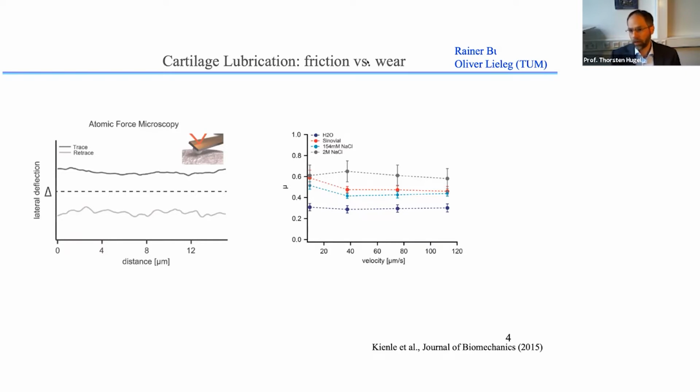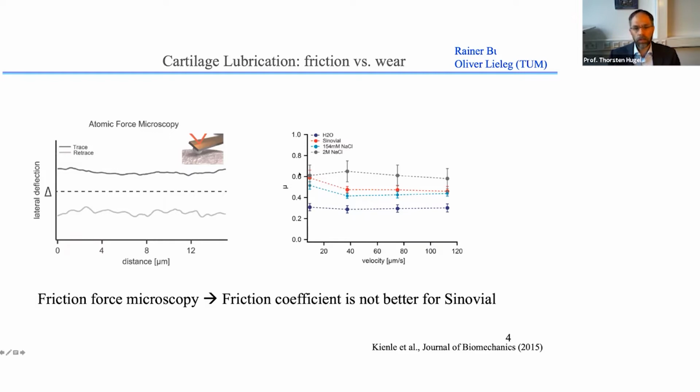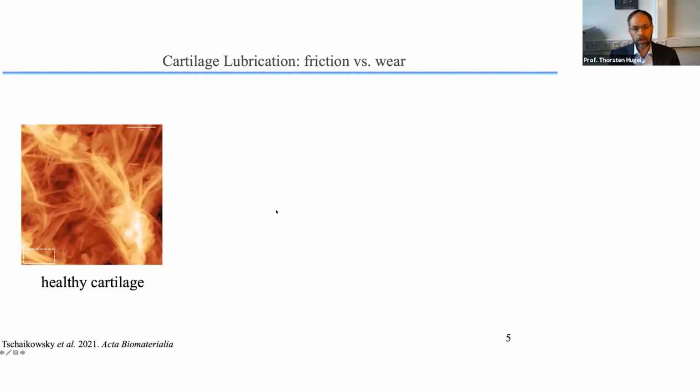For example, wear. I mean, you want to use your knee for many tens of years. So therefore, it would be good if there wouldn't be so much wear. And this was the next thing that we looked at. So this is a collagen network, the healthy cartilage network that you have seen from Matthias Tchaikovsky.